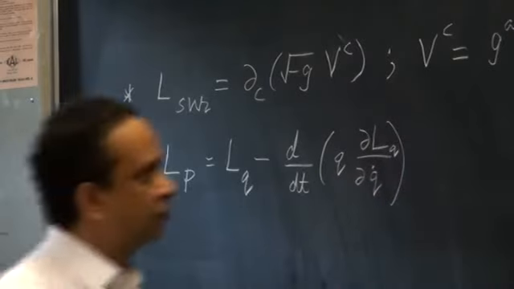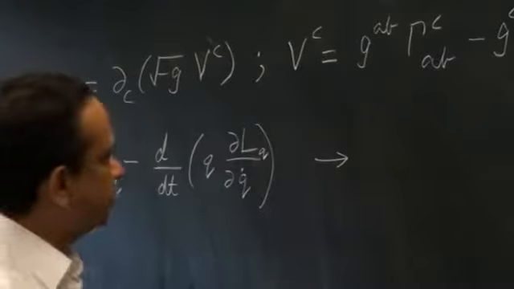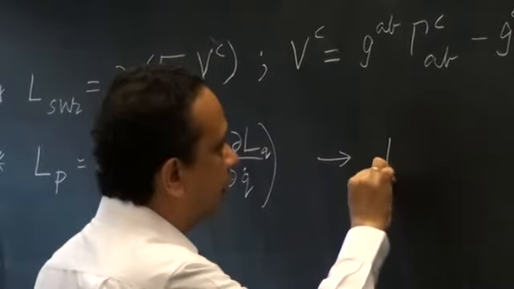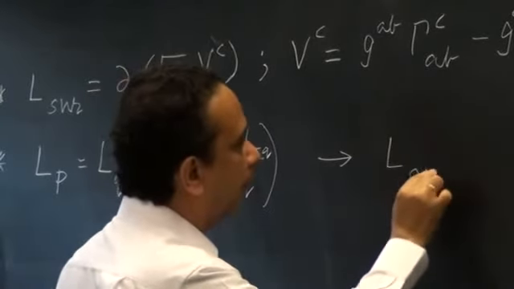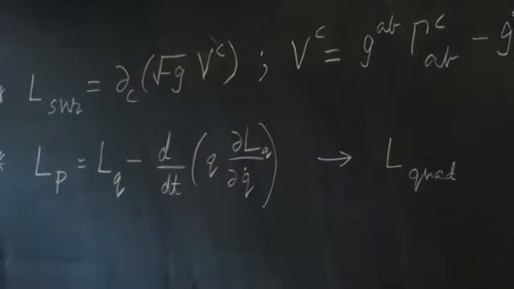So in our case, what you would have expected is that this structure should change into L quadratic, and there is an extra root minus g which I have to be careful about.